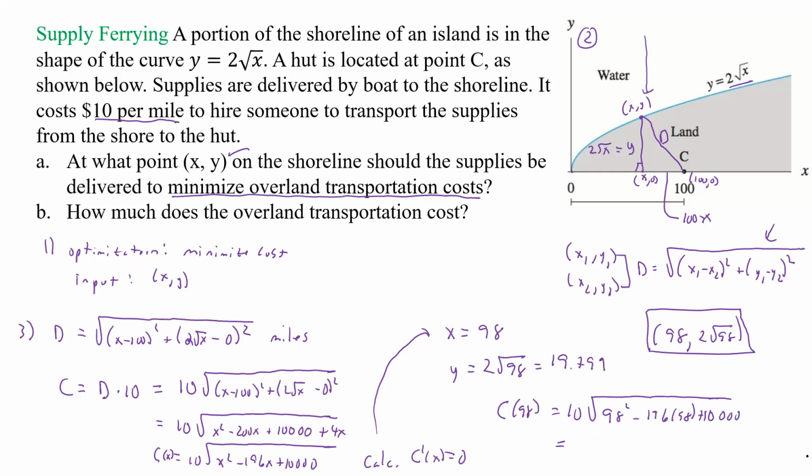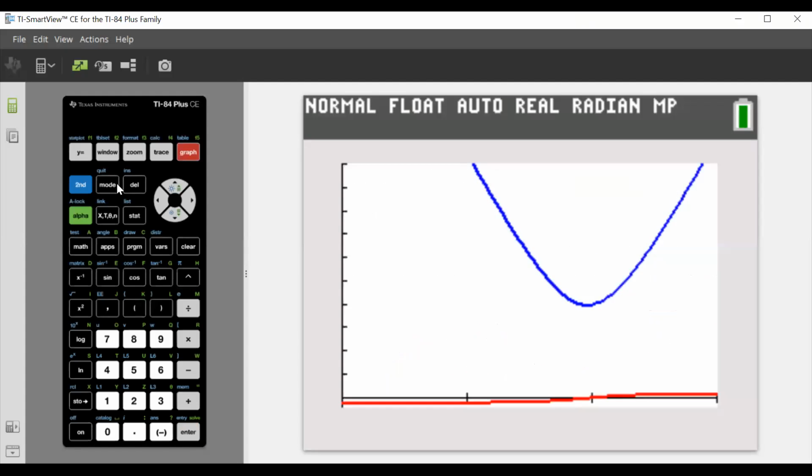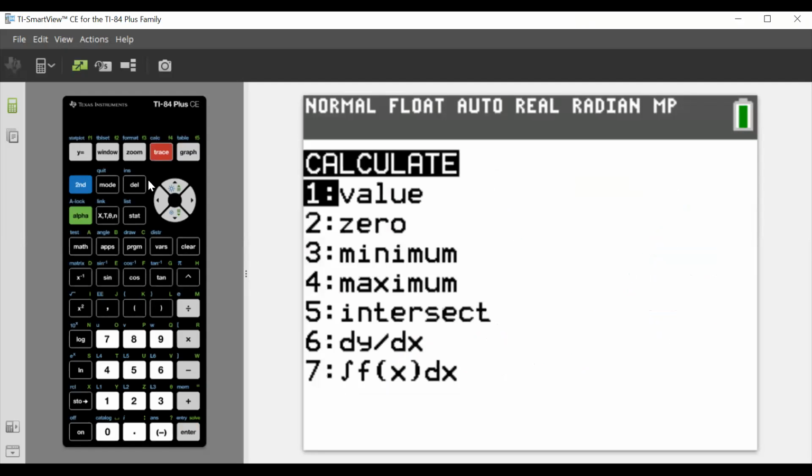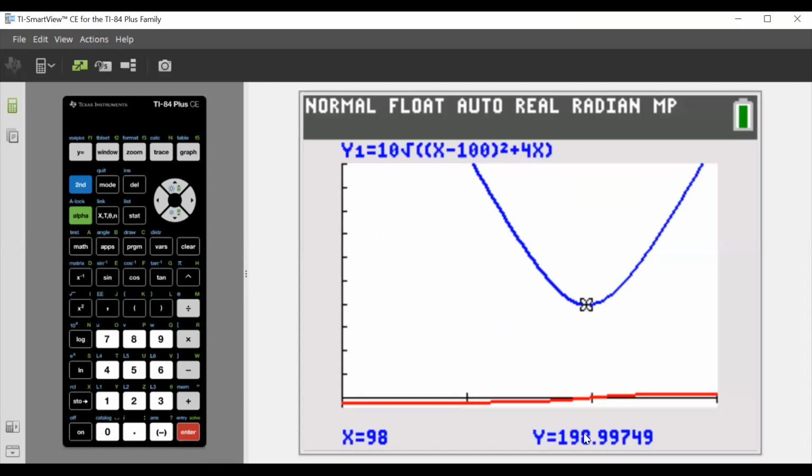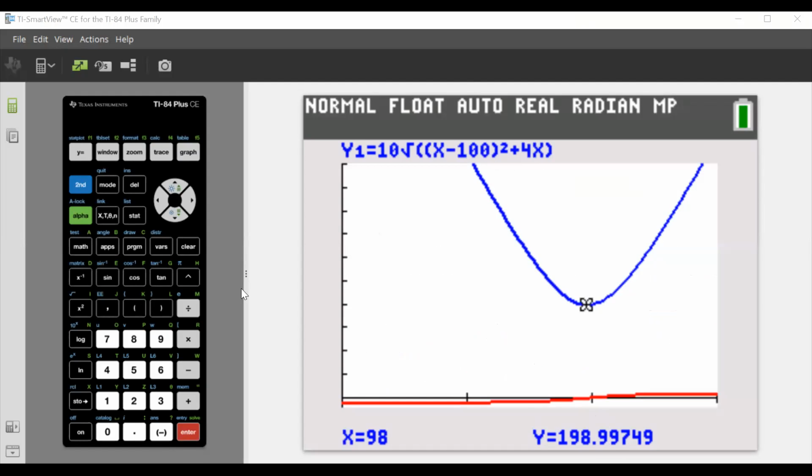And if we go back to our calculator, we can say, okay, now I want a value. I want it at 98, and that's the value it is. And it's at 198.997. And if we're going to money, we round that up, so it goes to $199.